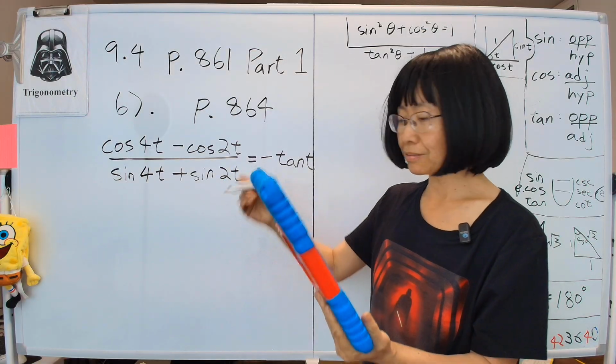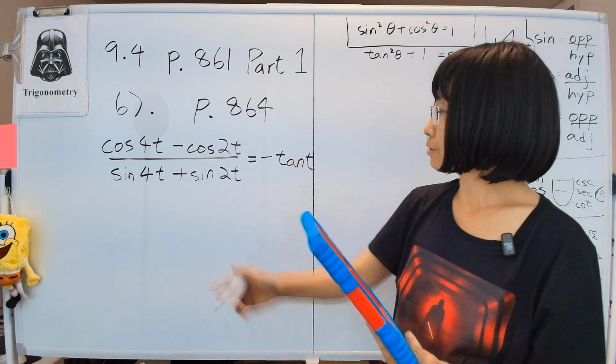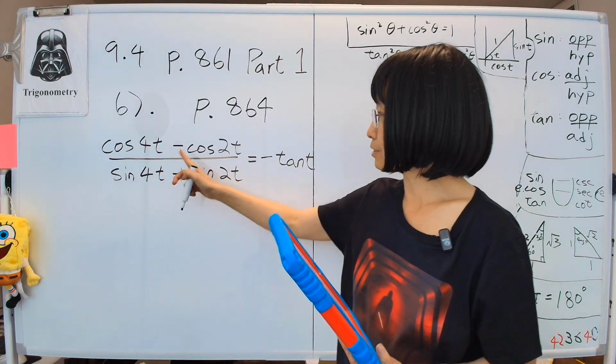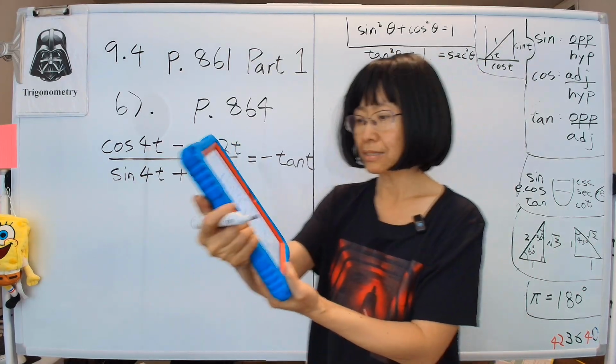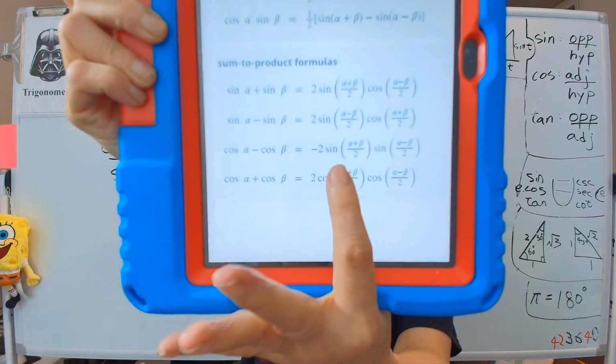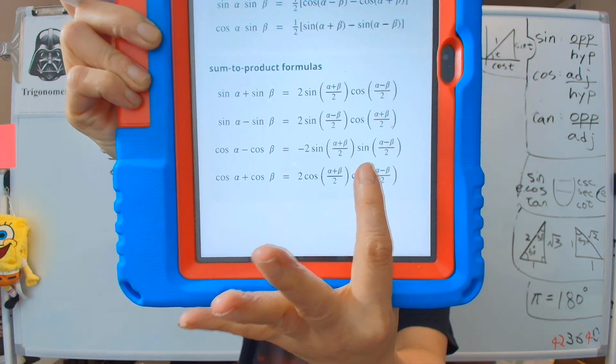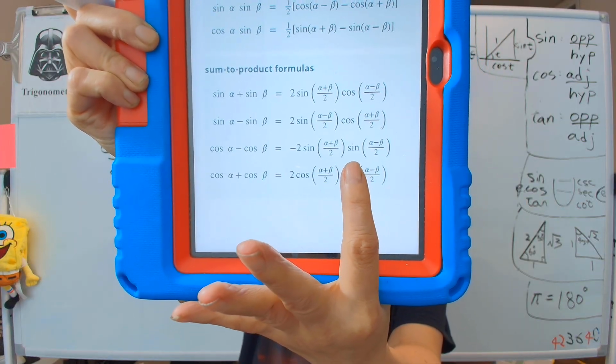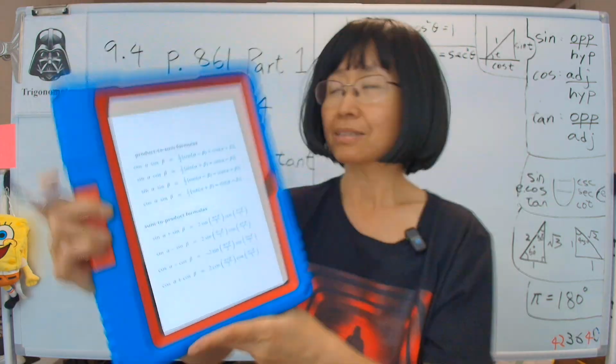Okay, so turning this into a product, we look for the relevant formulas. This is cosine minus cosine, so let's find it. Okay, right here, cosine minus cosine is negative 2 times sine of the sum, then sine of the difference. So let's write that down.